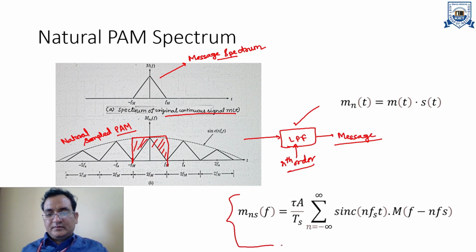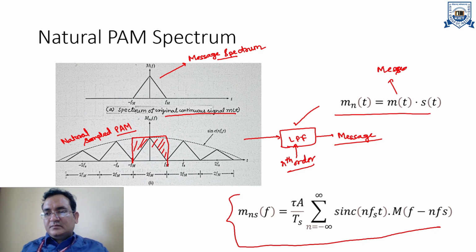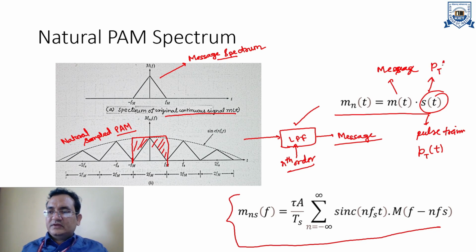This is the spectrum equation for the natural sampled pulse, and it is simply your message multiplied with the pulse train. In the previous figure it was p(t), so you can also replace it accordingly.